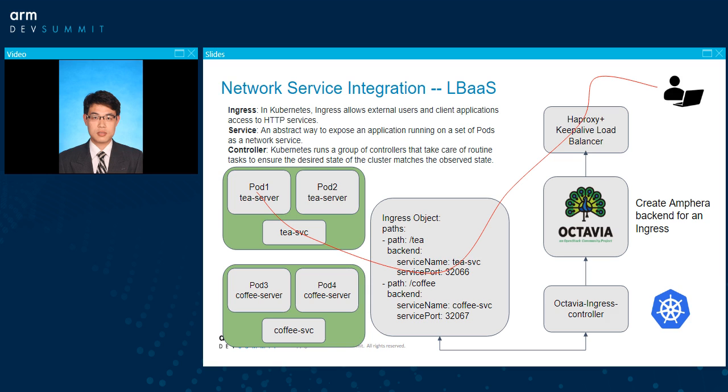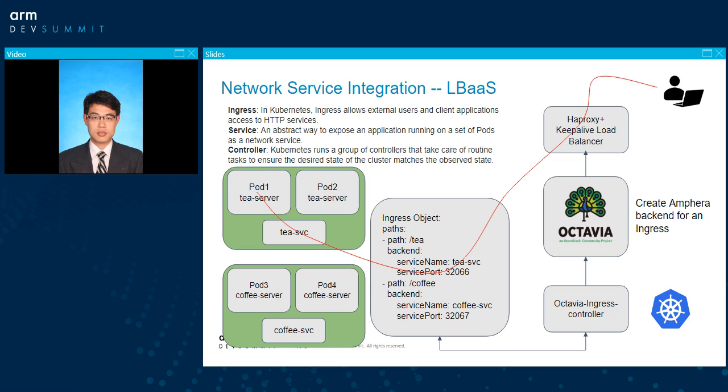So we can see first there is pod 1 running tea server, pod 2 running tea server. They are exposed by the tea service, and pod 3 and pod 4 are exposed by the coffee service. Now we can have an ingress object. The ingress object defines the path tea via the tea service, and path coffee, the backend is the coffee service.